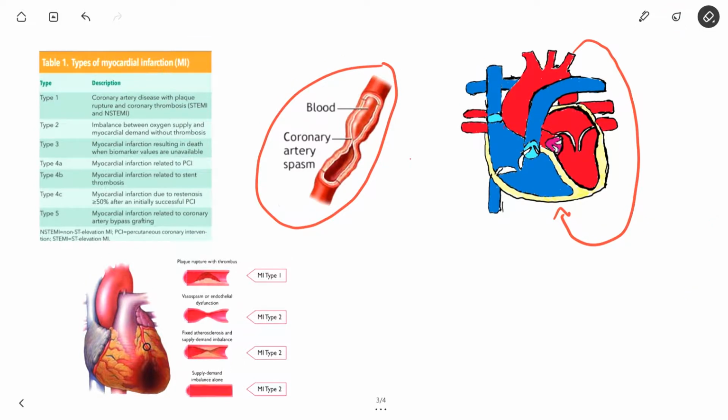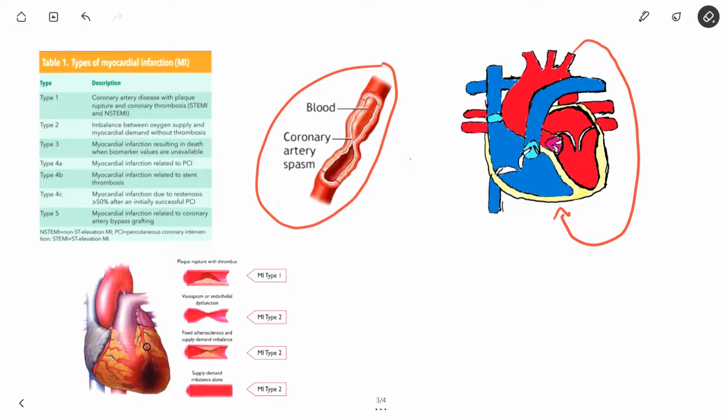So just to review, a type 2 myocardial infarction is when there is a supply-demand imbalance which is not caused by a thrombus. If it's caused by a thrombus, that means it's a type 1 myocardial infarction. If it's not caused by a thrombus but it's still there, it's most likely a type 2 myocardial infarction.